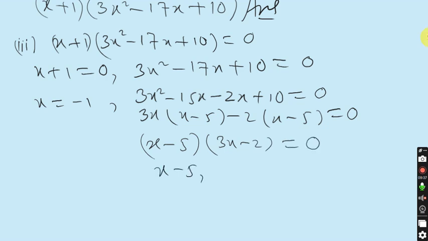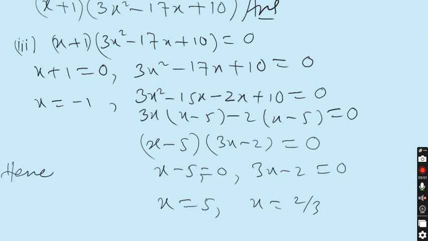So x minus 5 is equal to 0 and 3x minus 2 is equal to 0, so x is equal to 5, and x is equal to 2 upon 3. Hence the solution is x is equal to negative 1, 5, 2 upon 3. This is our final answer of the last part.